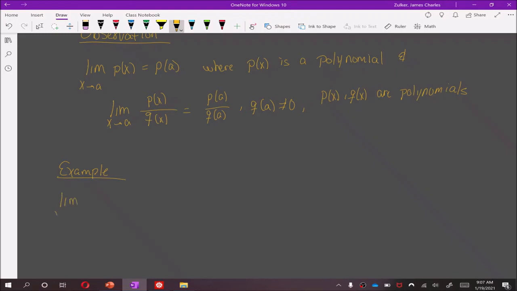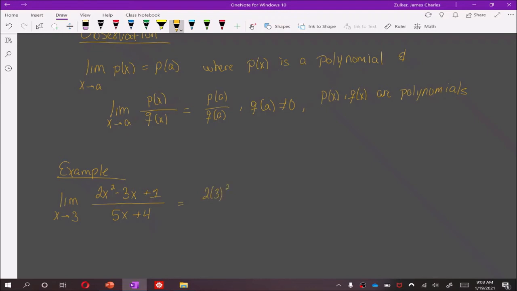So first, let's look at the limit as x approaches 3 of 2x squared minus 3x plus 1 all over 5x plus 4. So we're just going to plug in x equals 3.